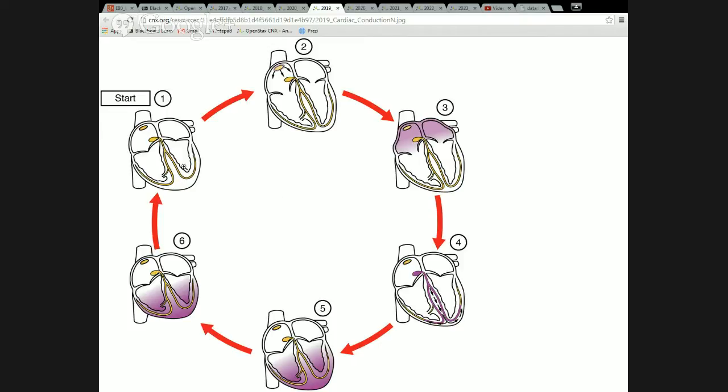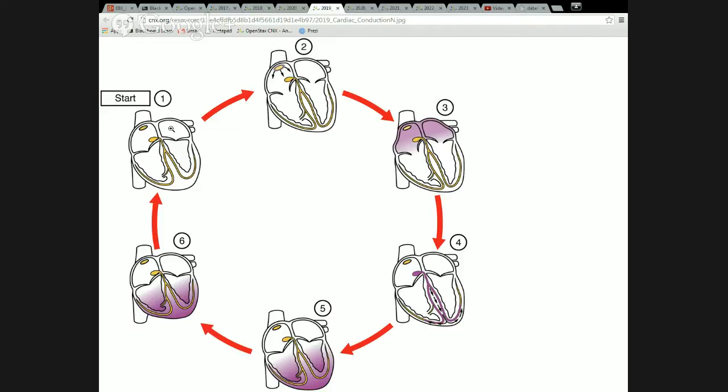So here we have basically 6 pictures running through the process of how the conduction system works and how that corresponds to the contraction of the myocardium.